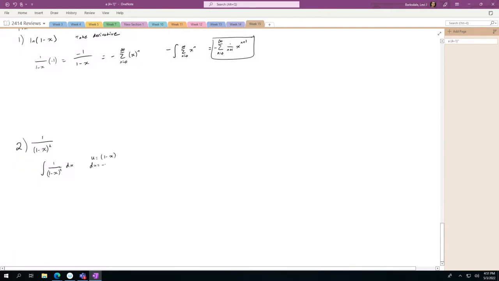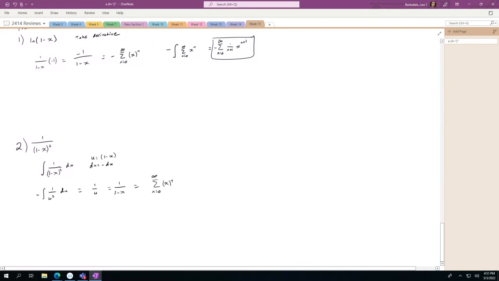Then du is equal to negative dx. So it would become the negative integral of 1 over u squared du. And the integral of this is, of course, just 1 over u. Well, 1 over u would be equal to 1 over 1 minus x, which is equal to the sum from n equals 0 to infinity of x to the n.